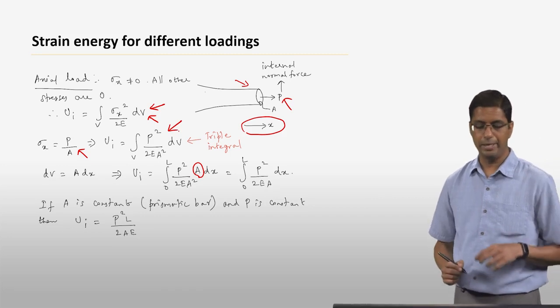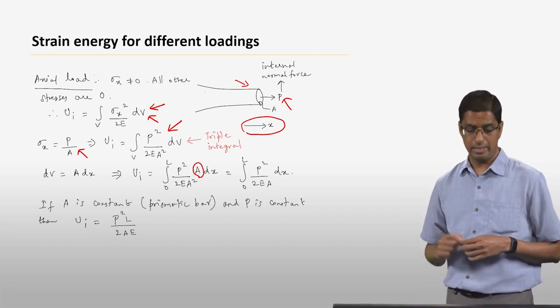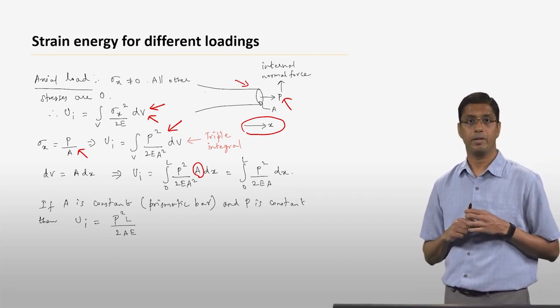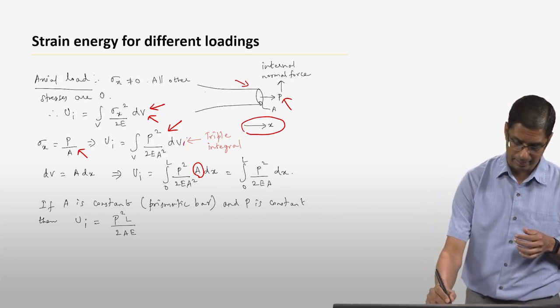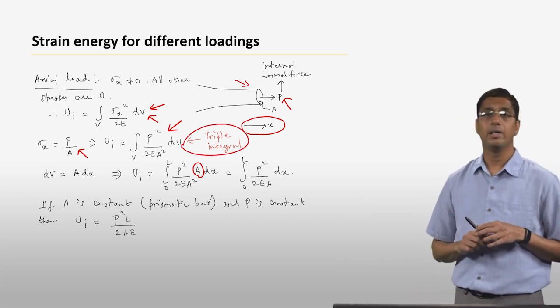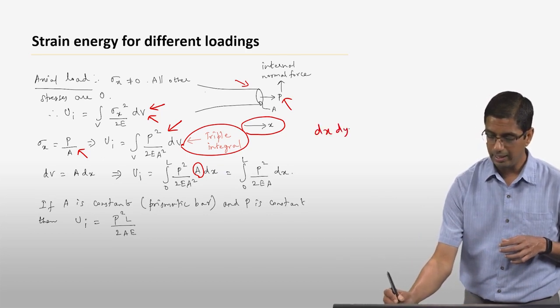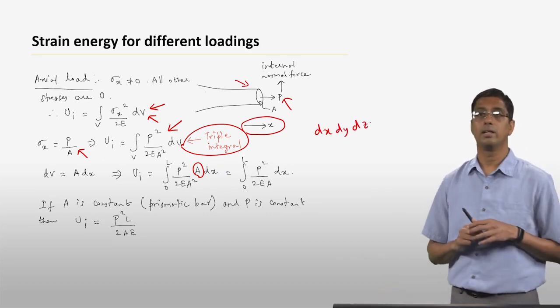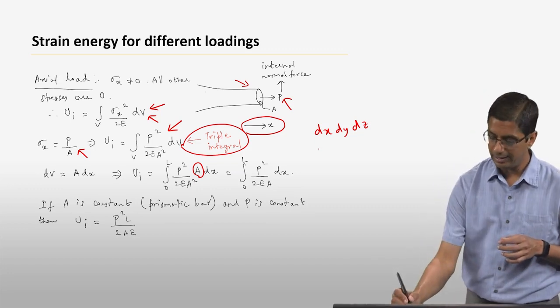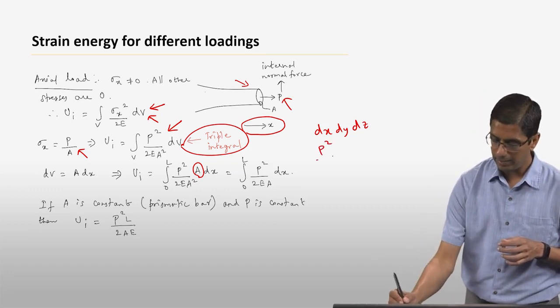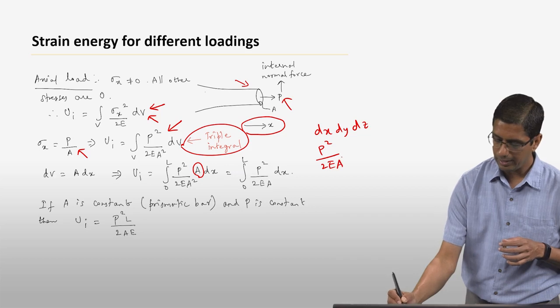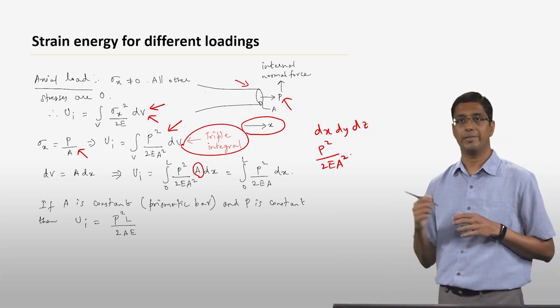It's nothing but P squared over 2E A squared times dV. Now this is a triple integral, as I told you, which means that you have to integrate over dx, dy, and dz. So essentially you have to integrate P squared over 2E A squared over dx, dy, and dz.